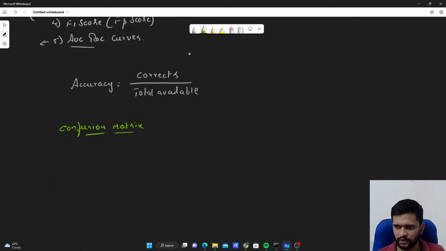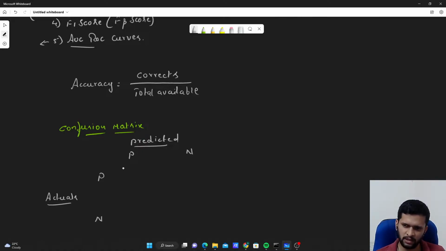So we will have our actuals and predicted. Let's say we are dealing with only binary classification, where we will be classifying the given data sets into positive or negative classes. So actual, we will have positives and negatives, and also while predicting, we will predict some of them to be positives and some of them to be negatives, right?